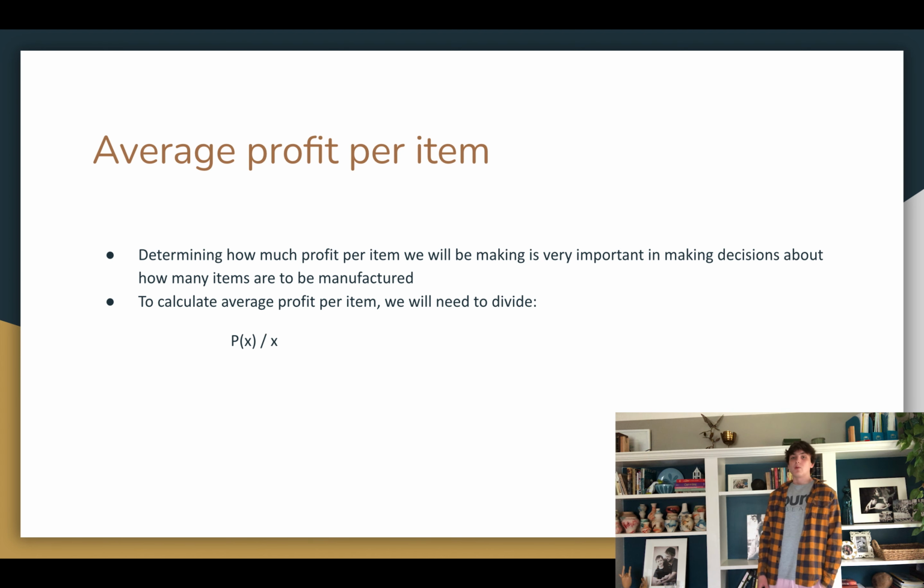It's very important that we know this, otherwise we would have no idea how efficient our manufacturing and selling process is. So it's really simple. All we're going to have to do is divide our profit function, which we figured out in previous steps, by x, which is the production level. Really simple.